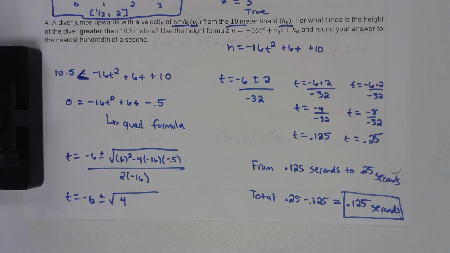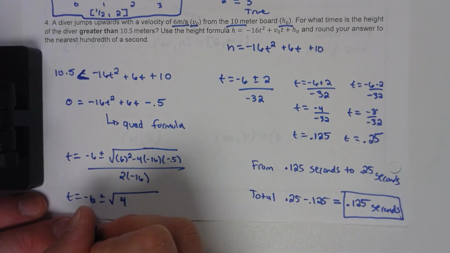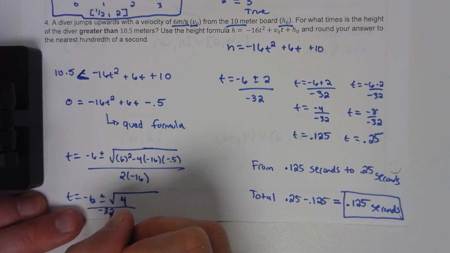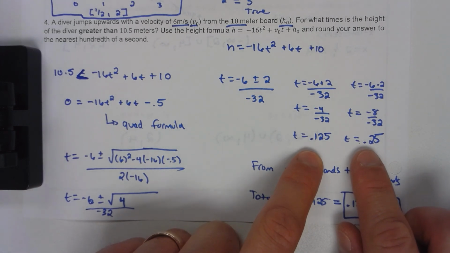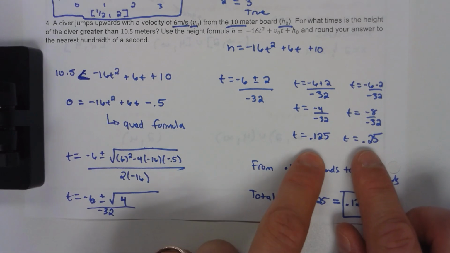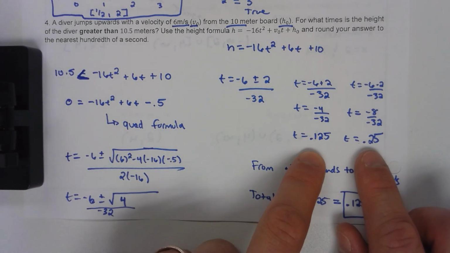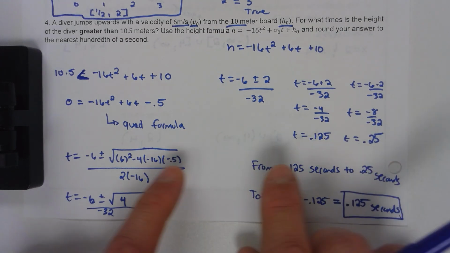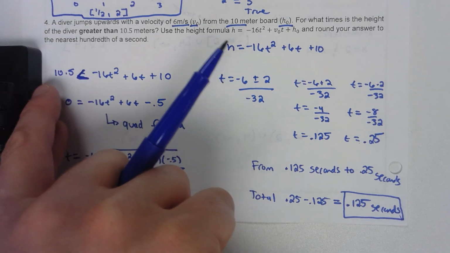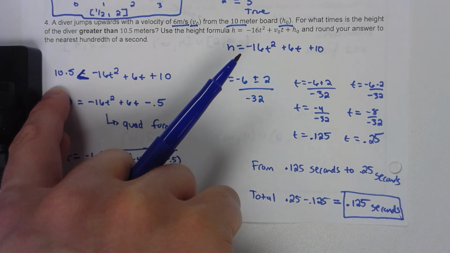The quad formula here works out really nicely because we end up having to take the square root of 4, which is great. The two values of t that make this equal to 0 are 0.125 and 0.25. Really what those t values represent is when the diver is at exactly 10.5 meters.